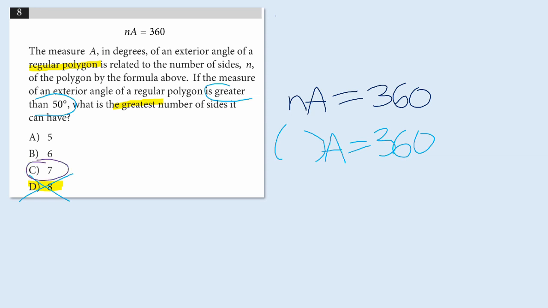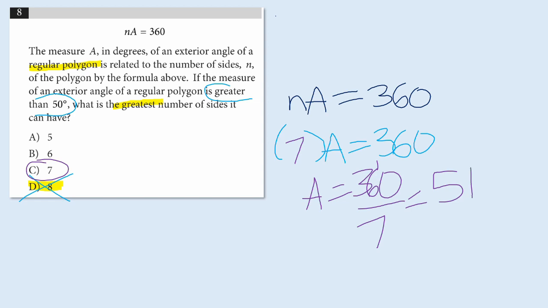So let's try a 7-sided figure. And then A is equal to 360 over 7. And what is that? 7 goes into 36 how many times? 5, with 1 left over. And then 7 goes into 10 how many times? 1. And there's going to be some left over there, so it's going to be 51 point something.